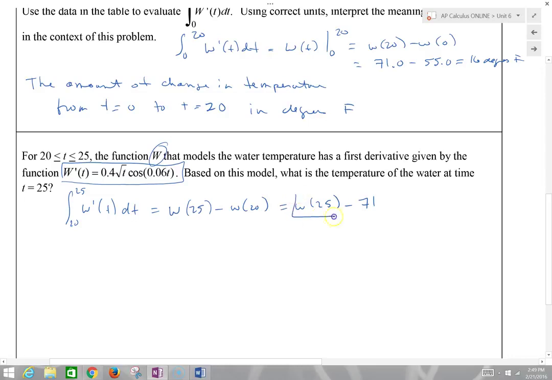So what we're looking to solve for is W of 25. In order to do that, we need to know this value right here: the integral of 0.4 square root of t cosine 0.06t dt, and we don't know how to take the antiderivative of this.